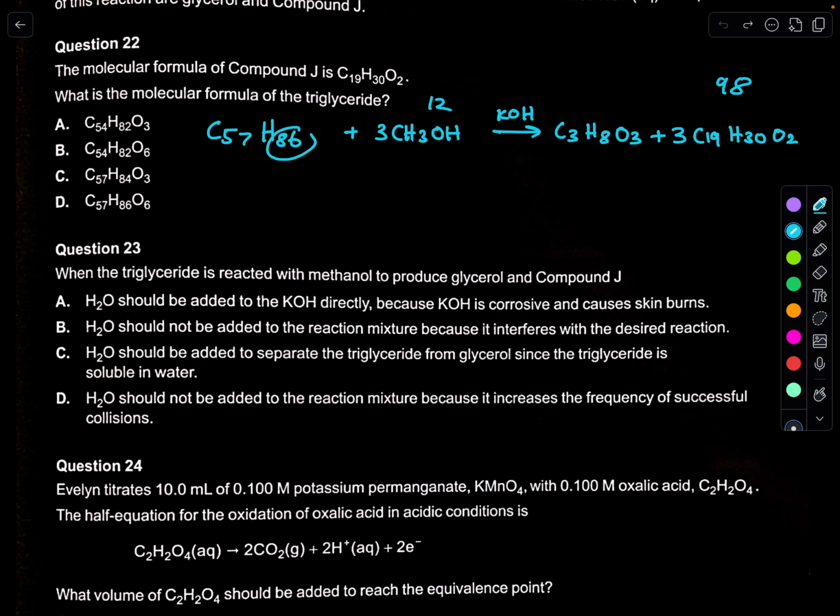So 86 plus 12, and we will have hydrogens equal on both sides. Oxygens. What about the oxygen? For the oxygen part, we have 6 here, plus 3 from the glycerol. This one already takes 3, so then this has to have 6. So this is your molecular formula for your triglyceride, which looks like D is your answer for that one.